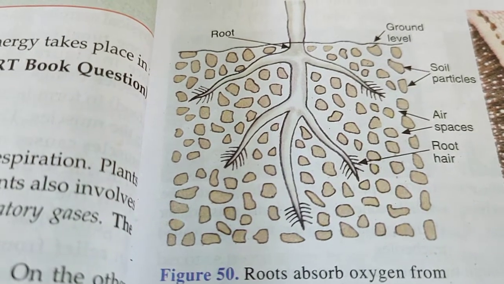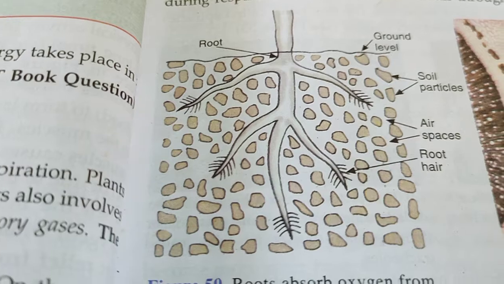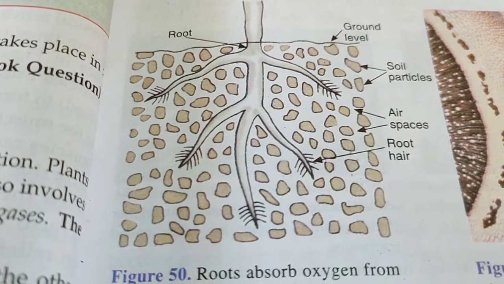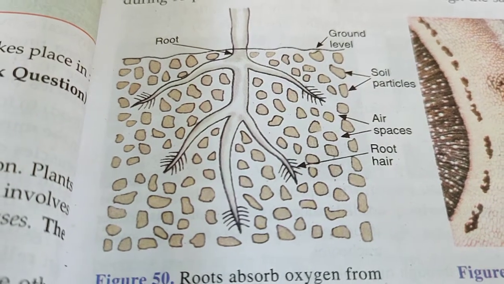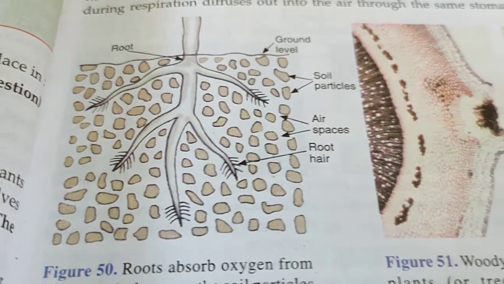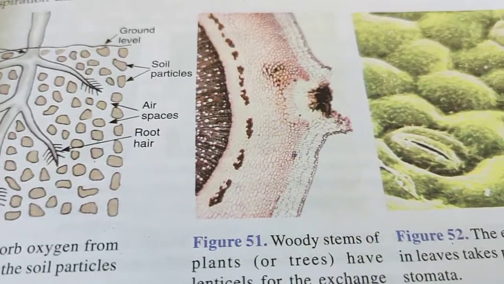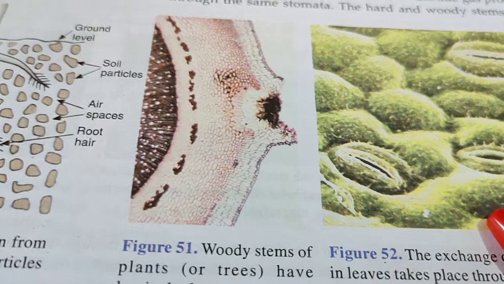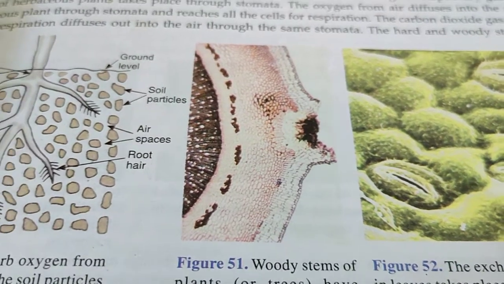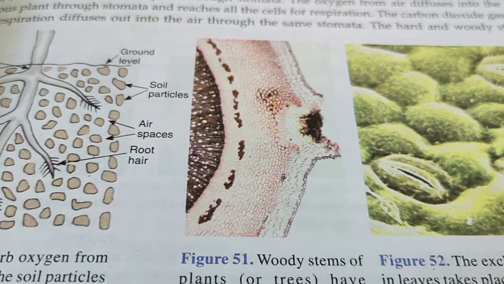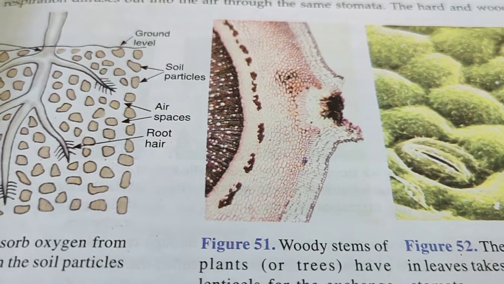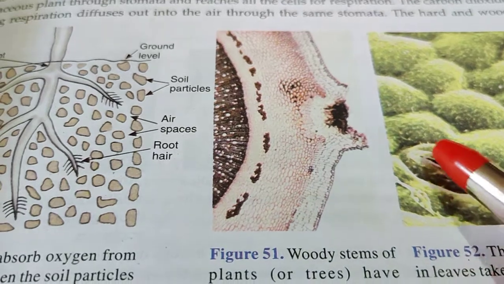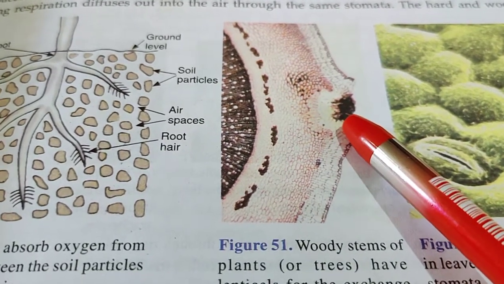Now, in order to understand the respiration in stems of plants, we should remember that the soft stems of small herbaceous plants have stomata in them, whereas hard and woody stems of large plants and trees have another structure called lenticels in them.